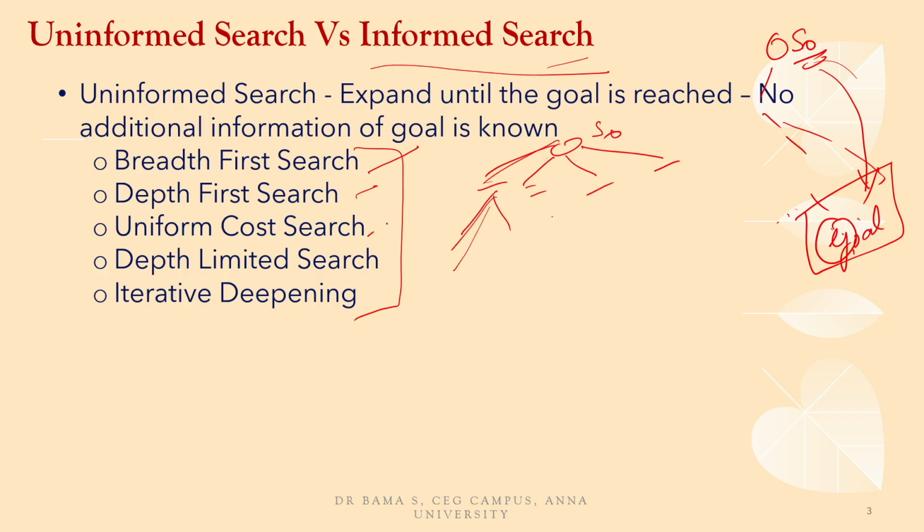The uniform cost search is based on cost, it would go deeper based on the distance cost here. In depth limited search, we assign a limit to the depth and within that limit the search happens. Iterative deepening, with respect to the depth limited, goes breadth wise at each stage.